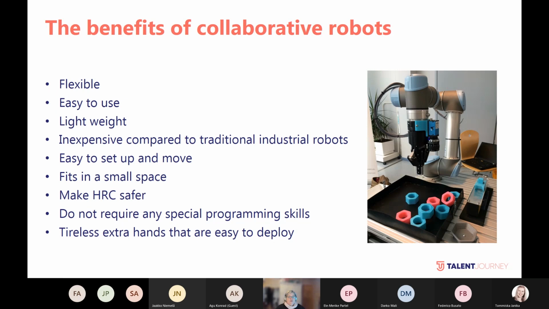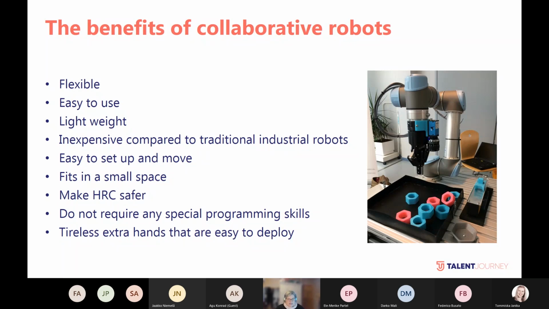A collaborative robot is usually easy to set up and, on the other hand, move to another location. They also fit into small spaces because they don't need robust safety solutions around them. Collaborative robots are specifically designed to make human-robot collaboration safer.